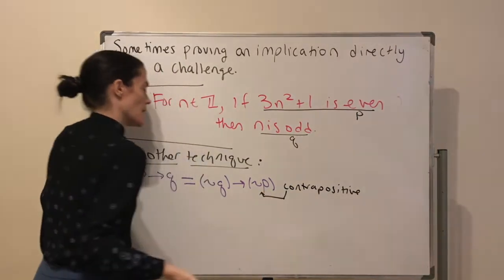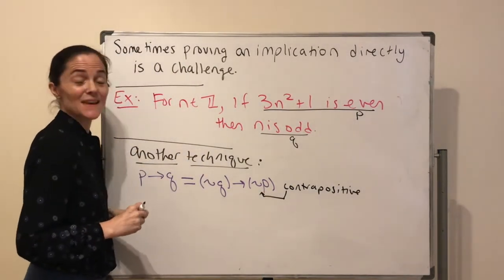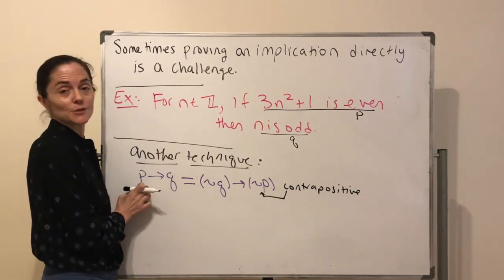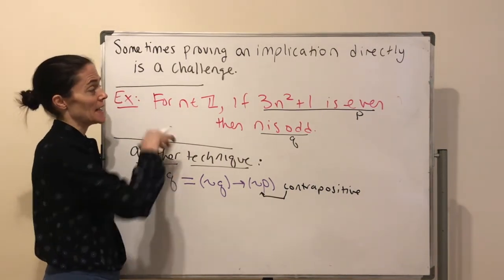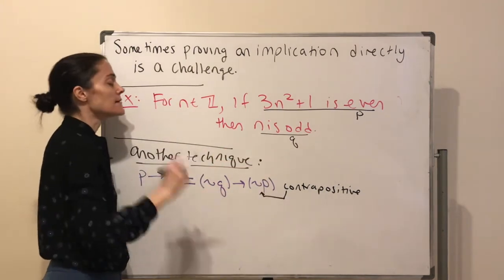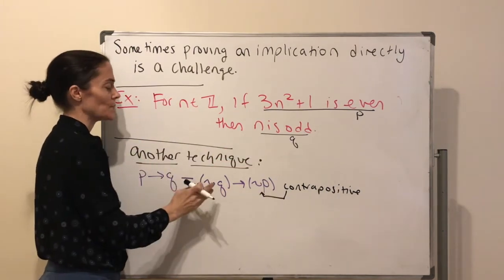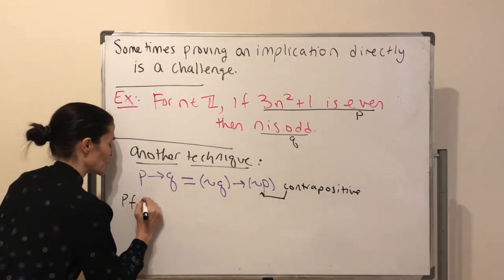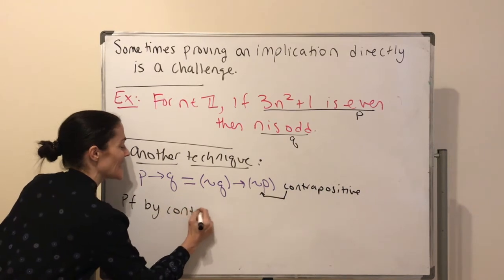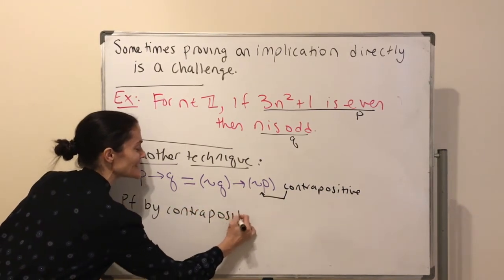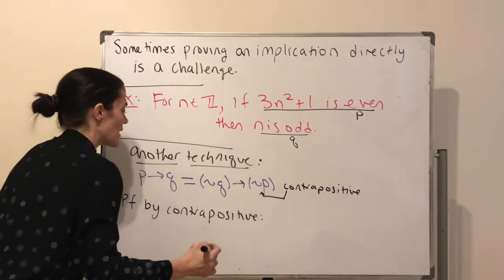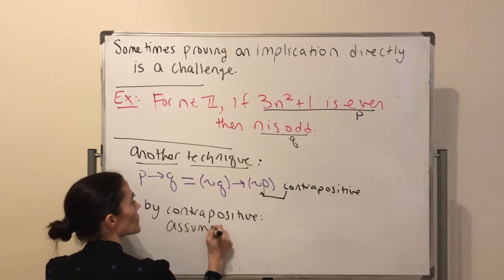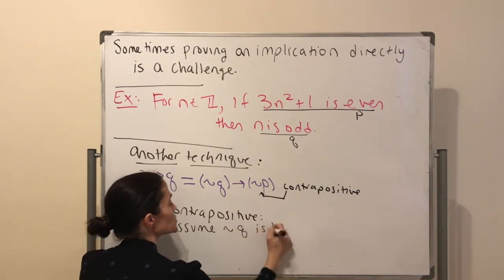Well, okay, this gives us a proof technique. So when proving directly, assume P is true, show Q is true, is challenging. Sometimes it's easier to prove the contrapositive. This is called proof by contrapositive. In a proof by contrapositive, we assume not Q is true.